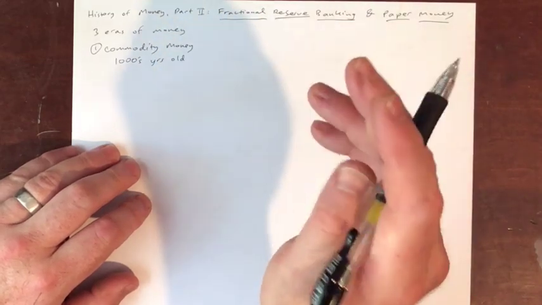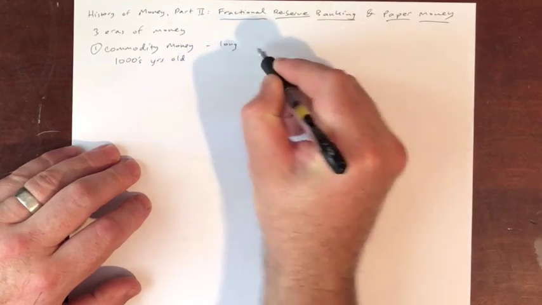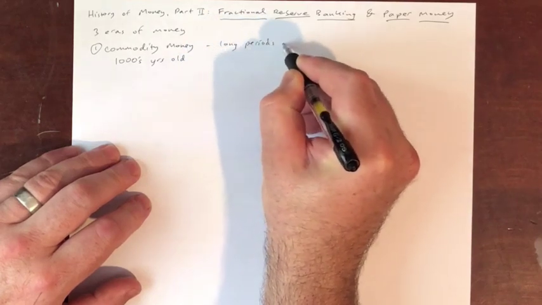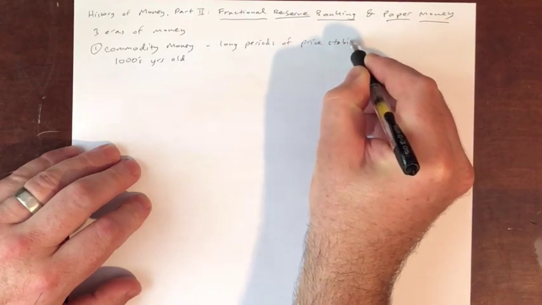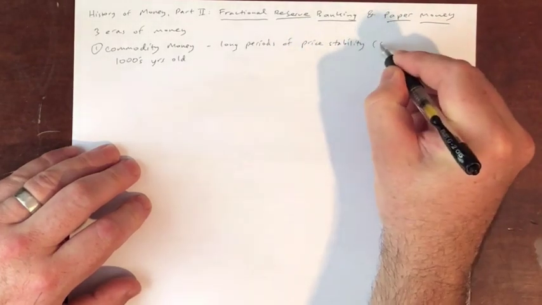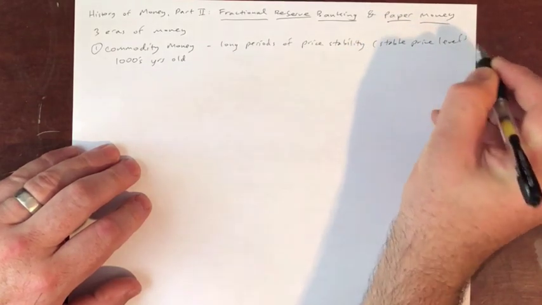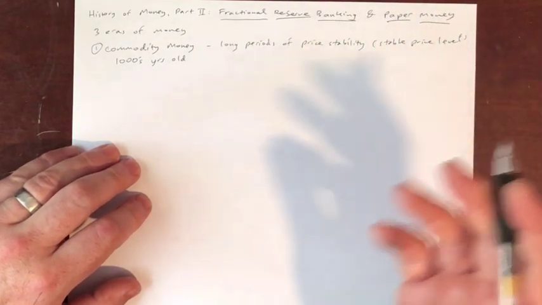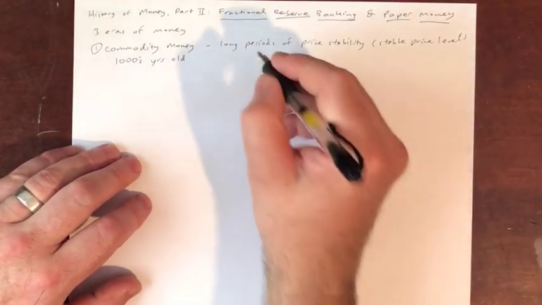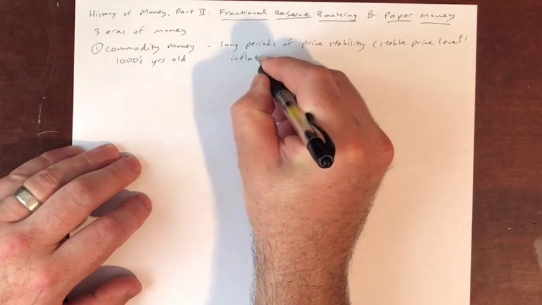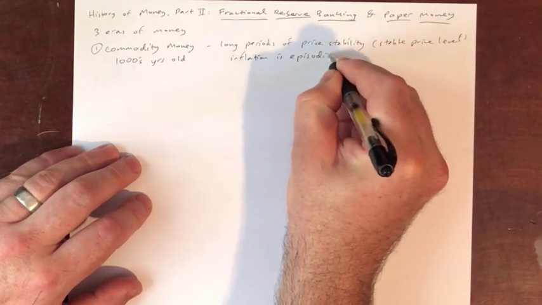One of the things that we notice about this period is that there are long periods of price stability. What that means is a stable price level, and where inflation, as we know it in the modern era, is absent. Inflation during this period is episodic.